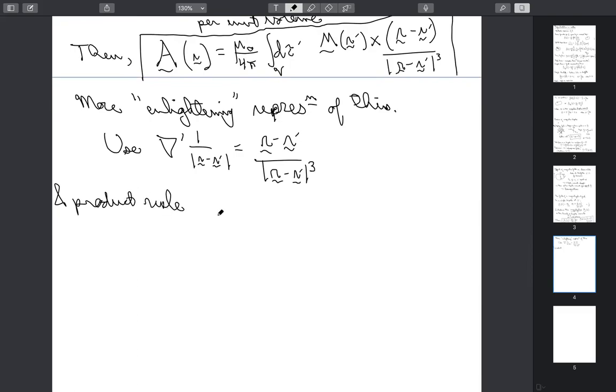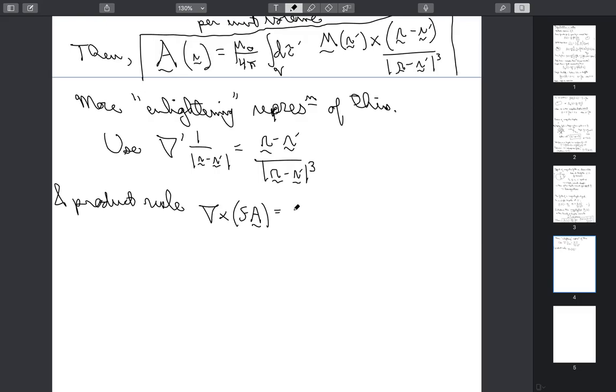And what's the product rule? It's the product rule for the curl of a product of objects. So let's say I have the curl of a scalar function f times a vector function a. Okay, so this is one of the identities that you'll find in the cover of the book.